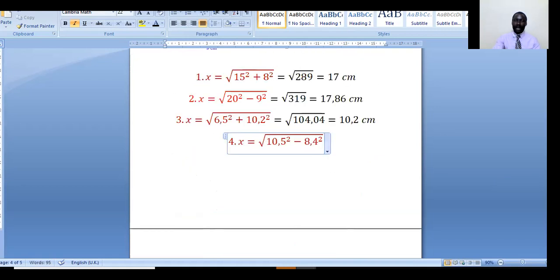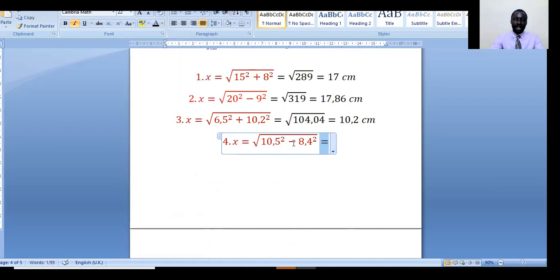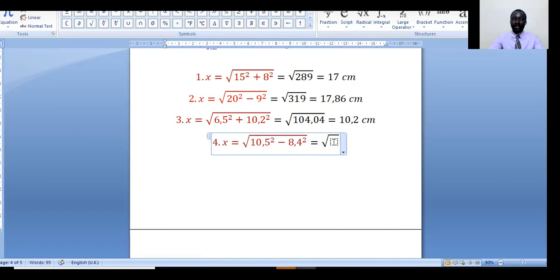We can then go ahead to calculate what? To calculate the value of x. How do we do that? Well, we will need to get the square of 10.5 and later the square of what? 8.4. So we put this inside the square root sign. Then with our calculator, we put what? 10.5.